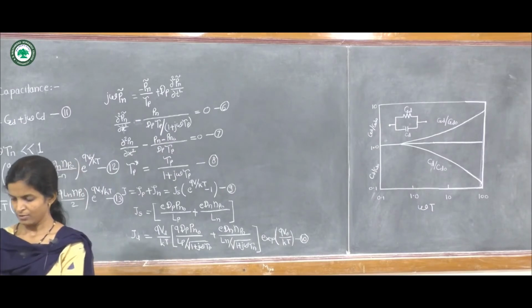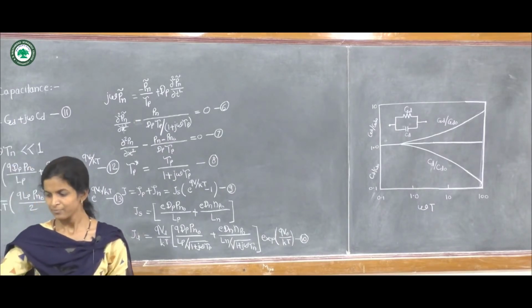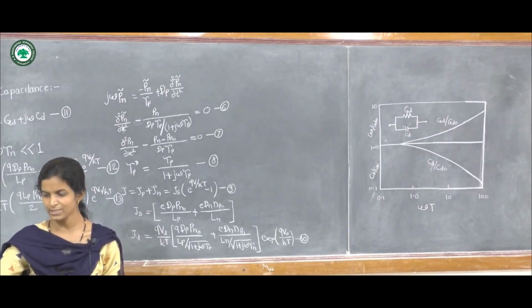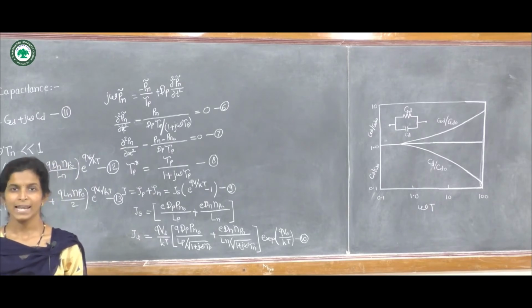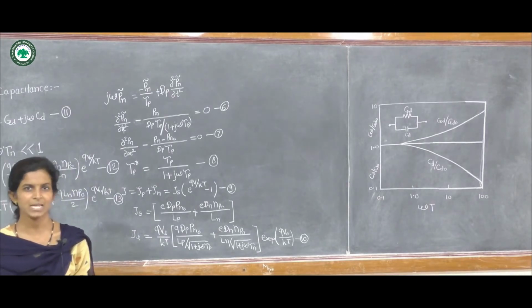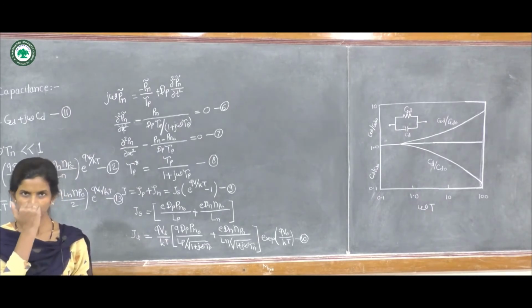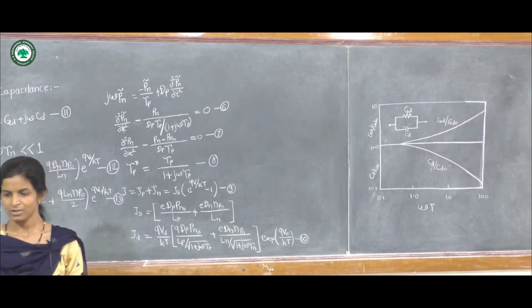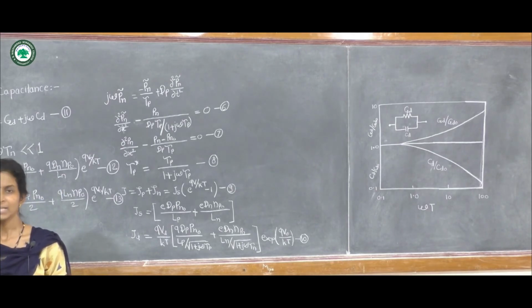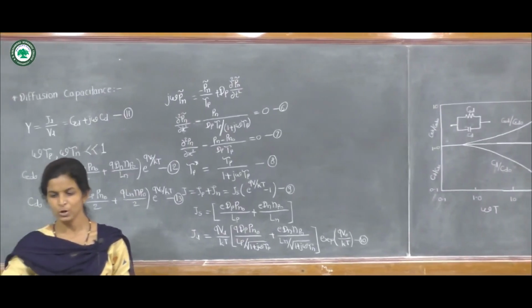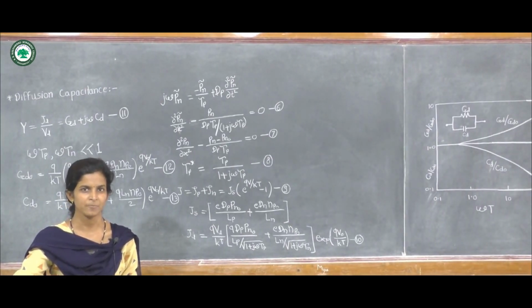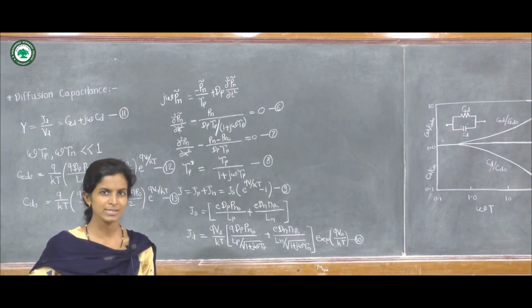From the figure it is clear that the diffusion capacitance decreases with increase in frequency, and for large frequency CD is approximately proportional to ω^(-1/2). The diffusion capacitance increases with direct current level. For this reason, CD is especially important at low frequencies and under forward bias condition. So with this, I conclude this lecture. Thank you.